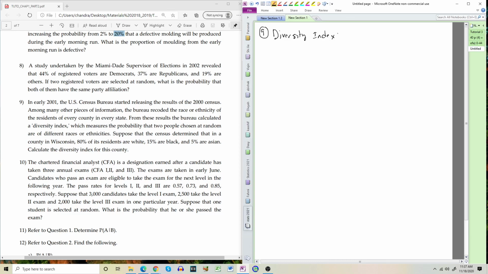So what is the diversity index? Diversity index here is actually the probability of different race.